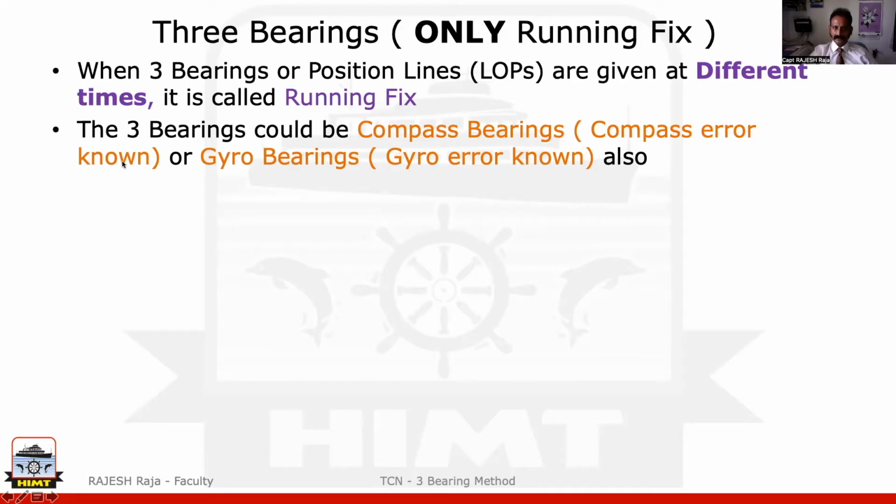When I say indirectly, it could be using your variation and deviation. Variation might be given in the question or the chart, and you'll be using your deviation card for deviation. If gyro bearings are given, then the gyro error should be given to you in the question paper. So at the end of the day, in a three-bearing question, I'll be expecting to convert all of them into true so that I can plot it.